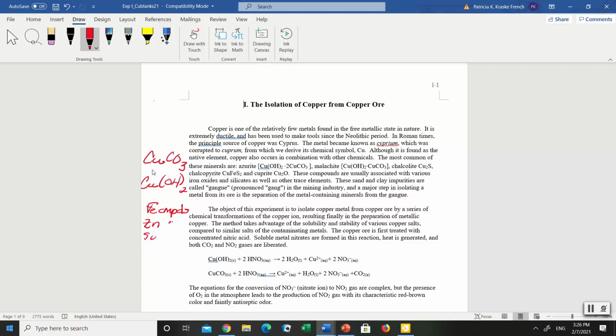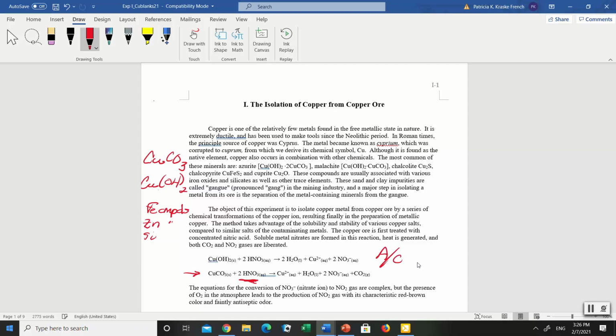So the first thing we're going to do is take this, let's choose copper carbonate as our example. We're going to take this copper carbonate and we're going to add nitric acid to it. And when we add nitric acid to it, we've got an acid-carbonate metathesis reaction.